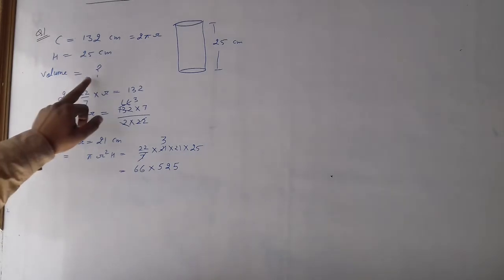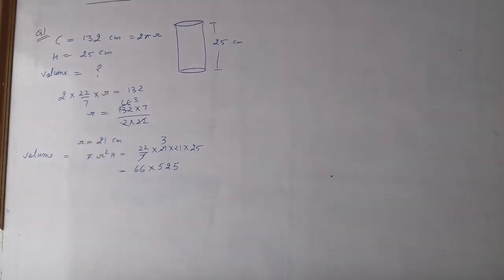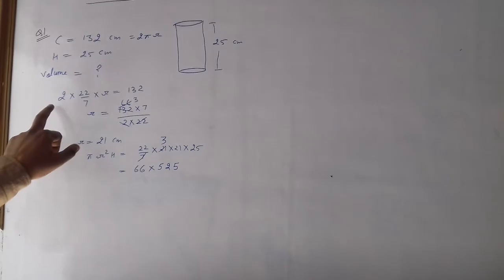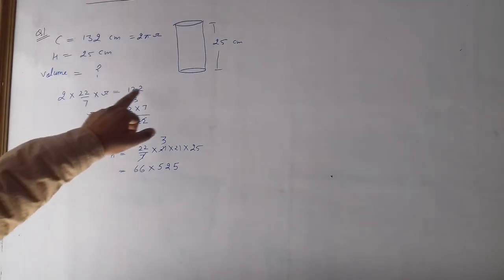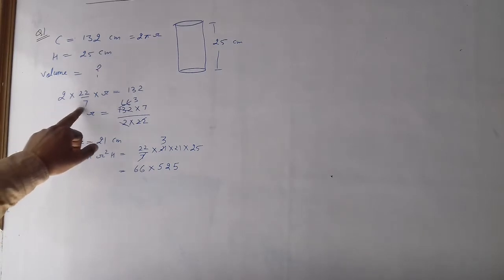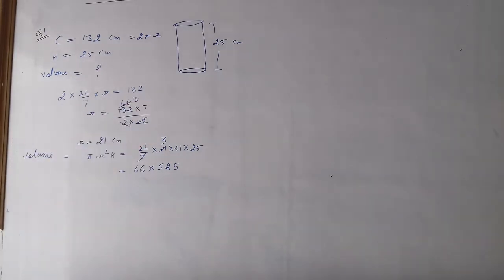So volume we have to find here, but before finding the volume we have to find the radius of this cylindrical vessel. We are given the circumference, that is 2 pi r is equal to 132. Keeping the value of pi, 2 into 22 upon 7 into r is equal to 132.